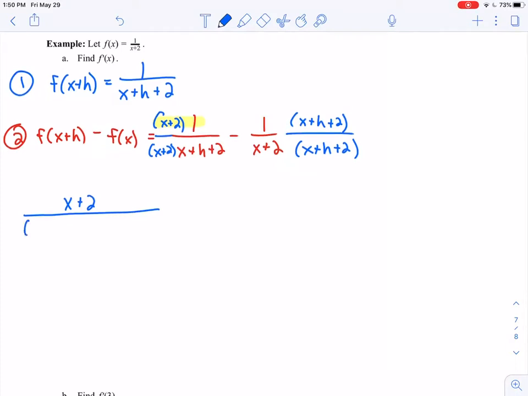I'm just going to leave it as x plus 2 times x plus h plus 2. Minus over here, now I'm looking at 1 times x plus h plus 2, but 1 times anything is itself, so here I have x plus h plus 2 divided by x plus 2 times x plus h plus 2.